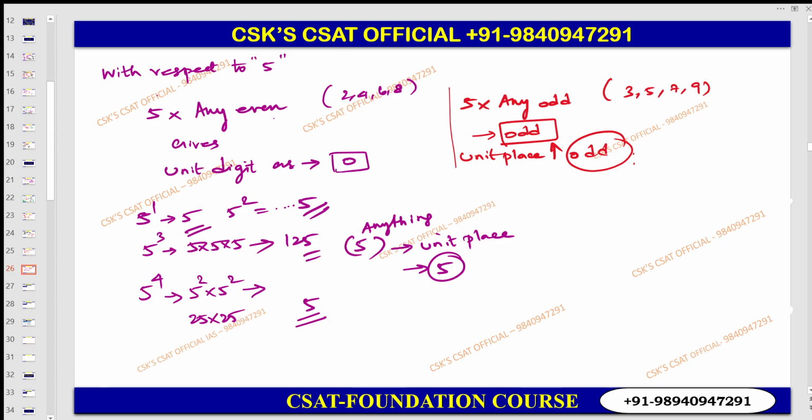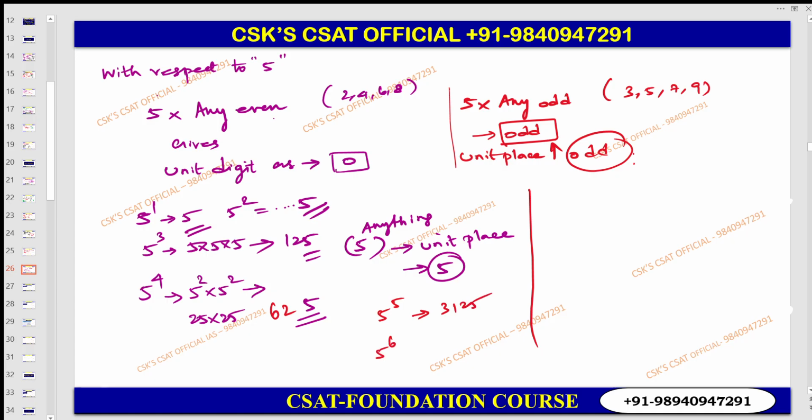And one more thing you need to remember. 5 cube is over, 5 power 4 is over. Now I want to know what is 5 power 4? 625. Good. Then what is 5 power 5? 3125.